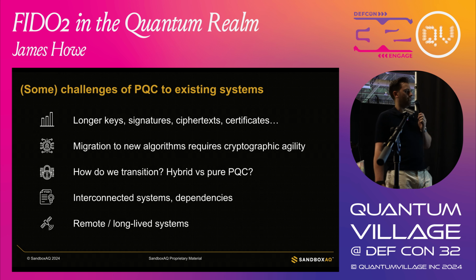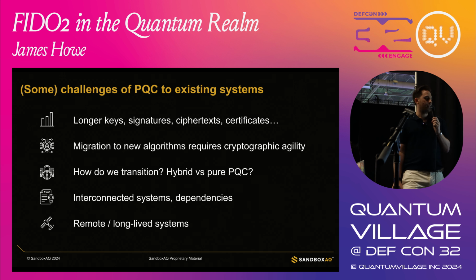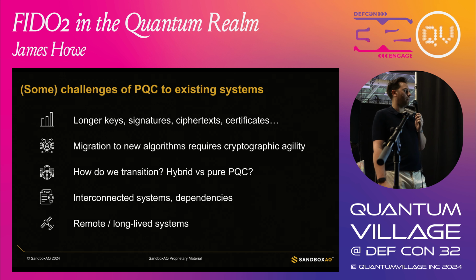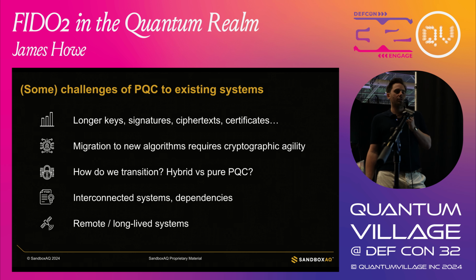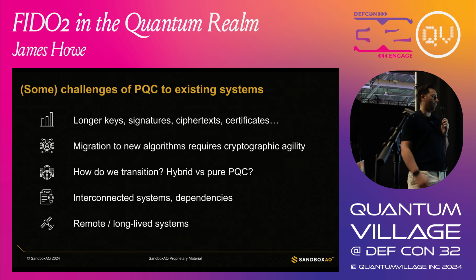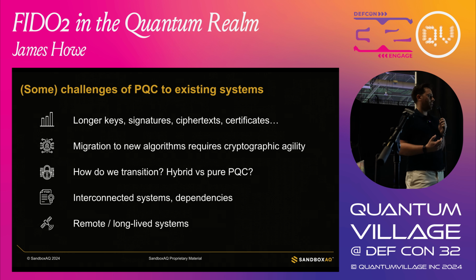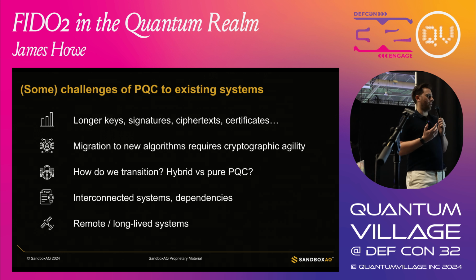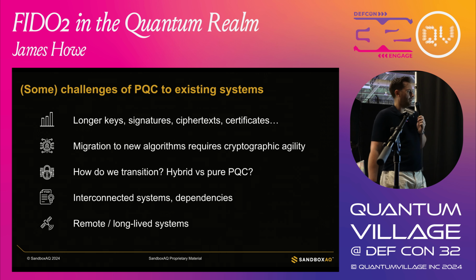The migration to these algorithms is going to be cumbersome, it's going to take a long time, and a lot of agencies and companies are recommending people to go down the route of crypto agility, which will significantly improve your security posture. It will also help you migrate to post-quantum a lot easier.